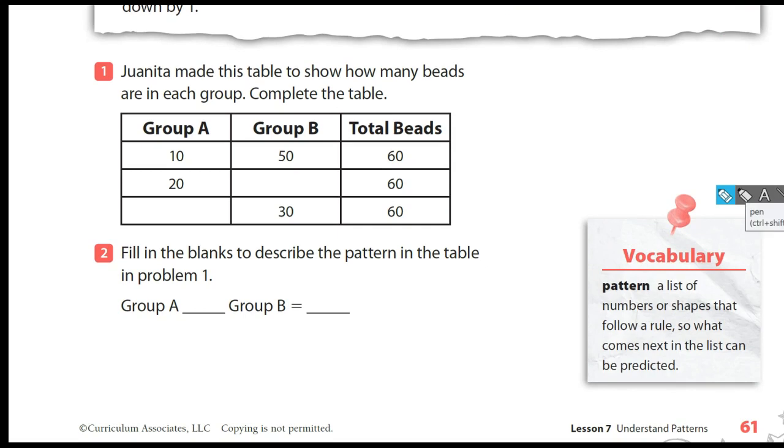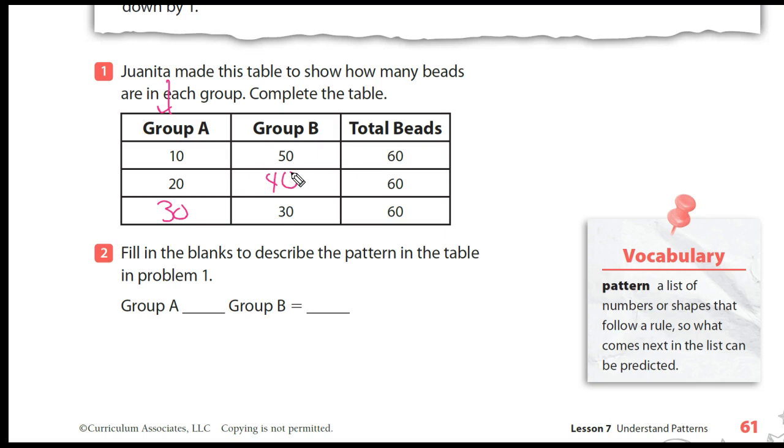So she had 10 plus 50 would be 60, right? So 20 plus what gives me 60? 30 or 40? 30, that would be 50 only. So look at the pattern if I'm going this way. I'm going 10, 20, 30. If I'm going backwards, 50, 40, then 30.